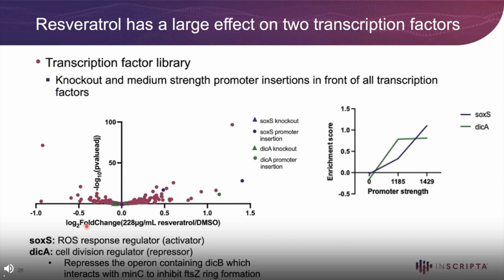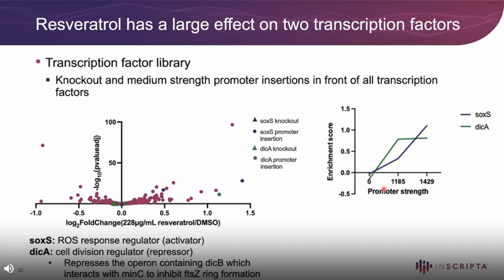Here we're looking at the log2 fold change of the design counts in the 228 micrograms per mL resveratrol, which is the higher concentration, over the DMSO control. And here we can see one of the promoter insertion mutations, which is the most enriched in the population. And then here is the second SoxS promoter insertion.